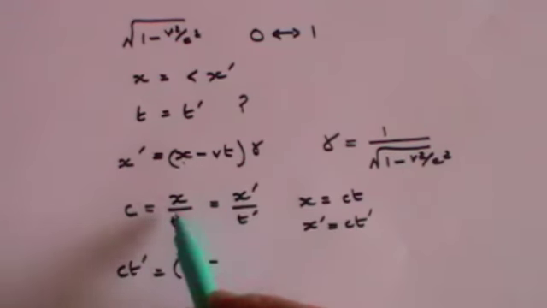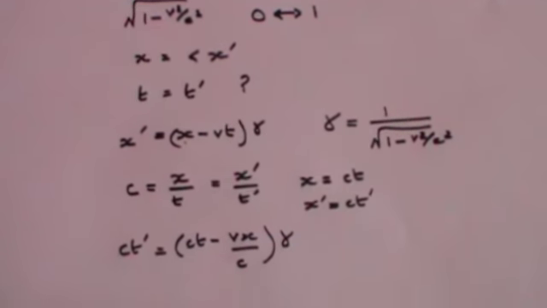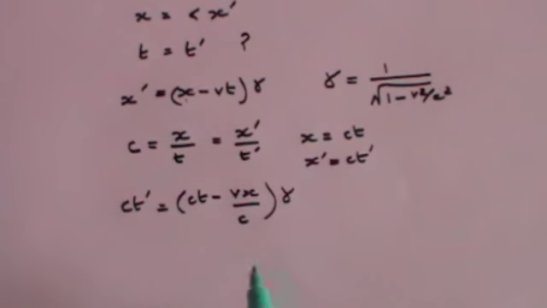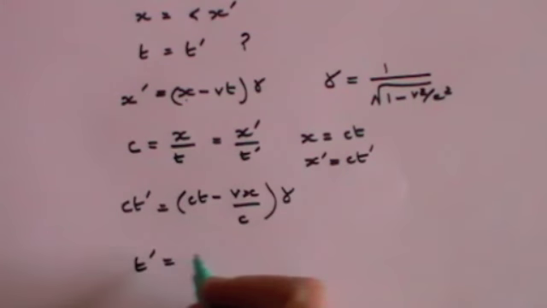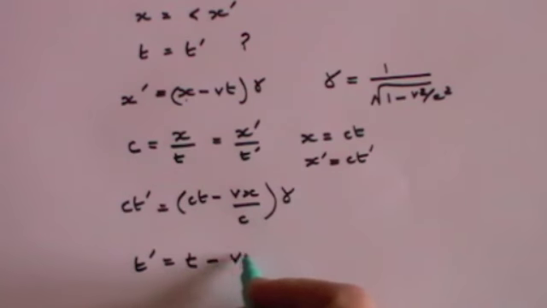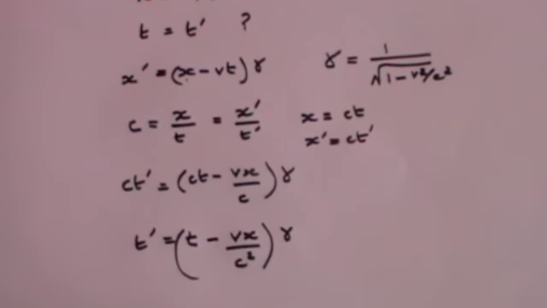Well, t is just going to be x over c, so it's minus vx over c, all times gamma. If we divide through by c, we get that t prime is equal to t minus vx over c squared, all times gamma.